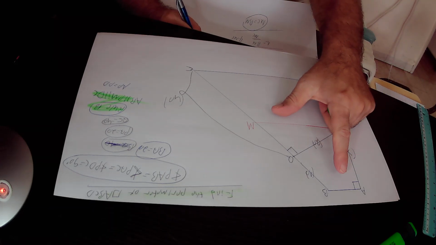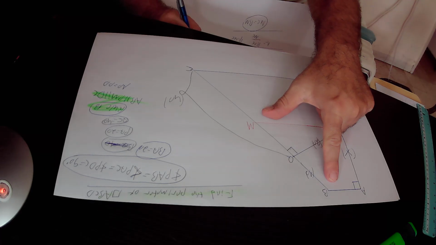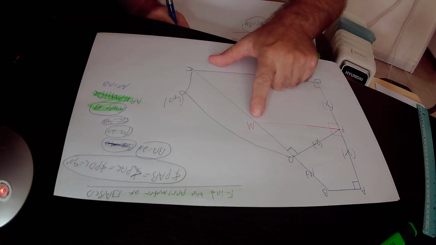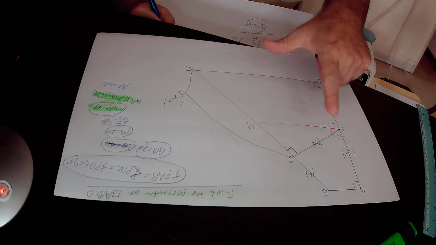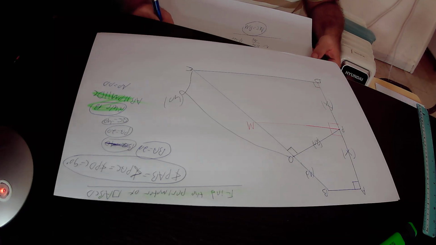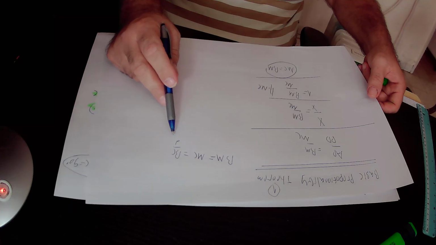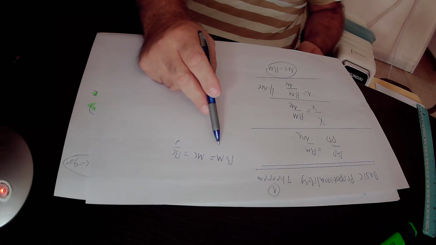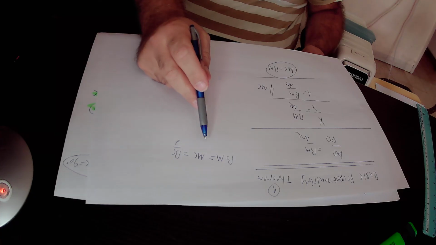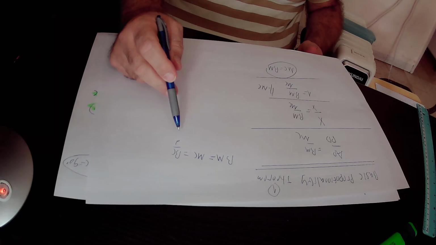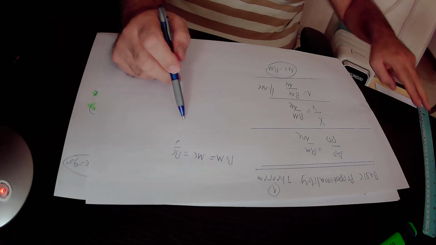The first half is BM, and it is of course equal to the second half MC, and each half must be equal to BC over 2 because BC is being bisected into two halves.